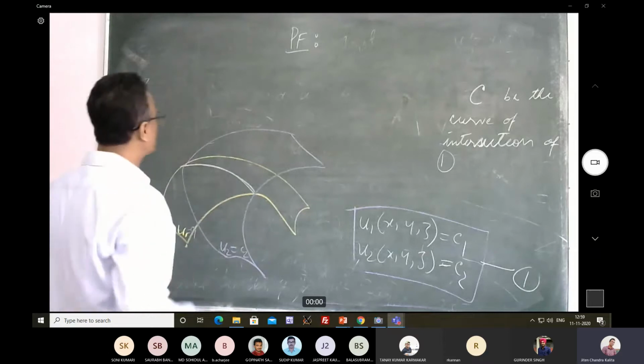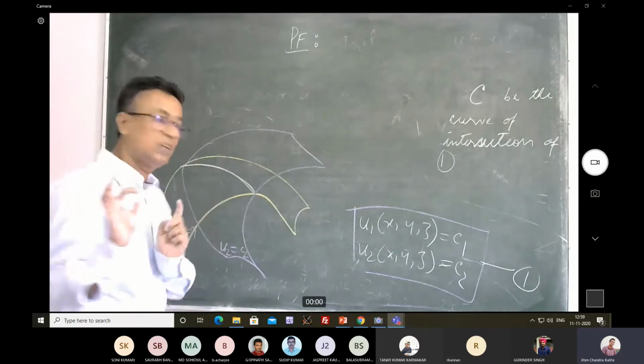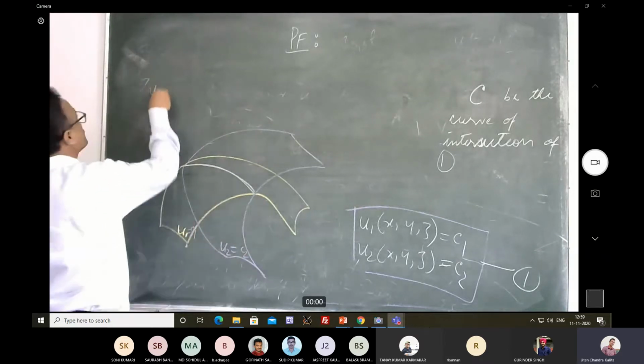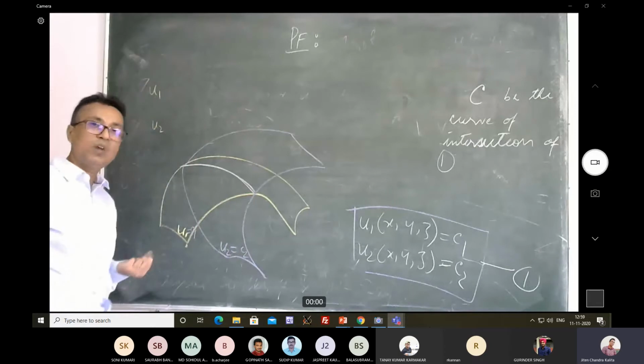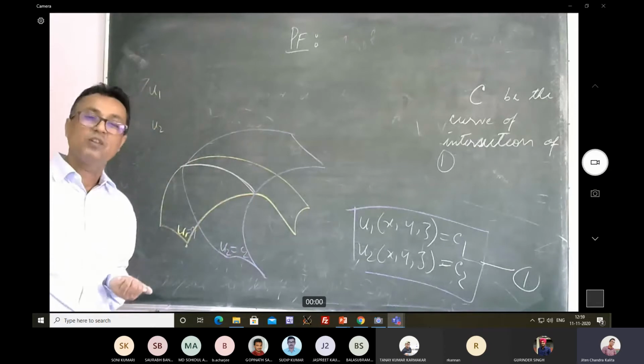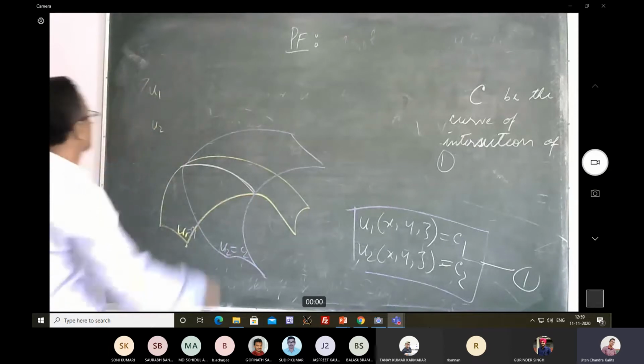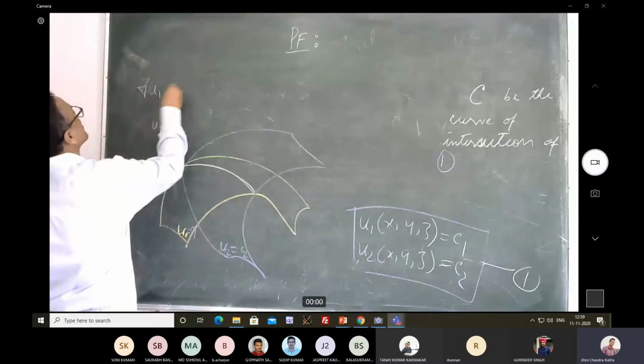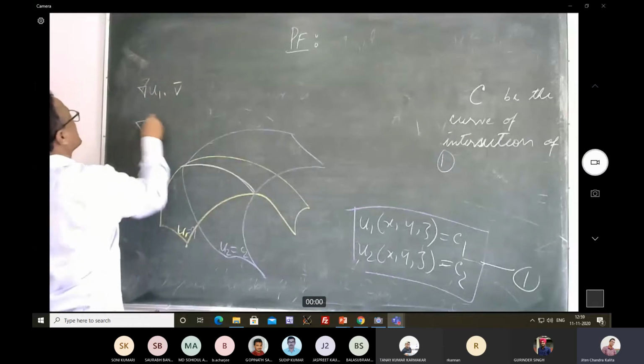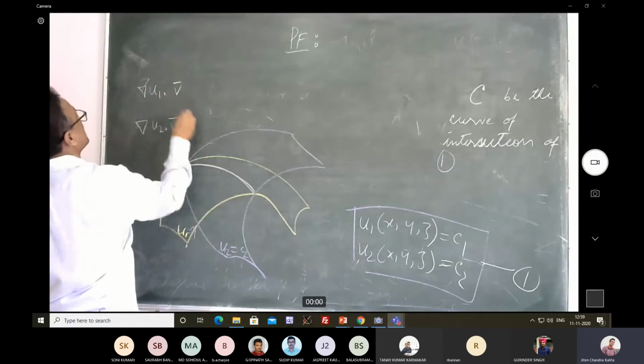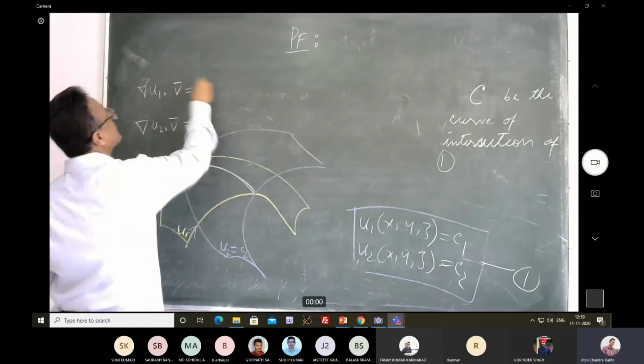What else do we have? You know that U1 and U2 are first integrals of V. So that means grad U1 dot V and grad U2 dot V both give you 0.